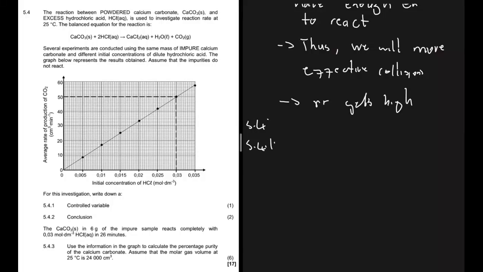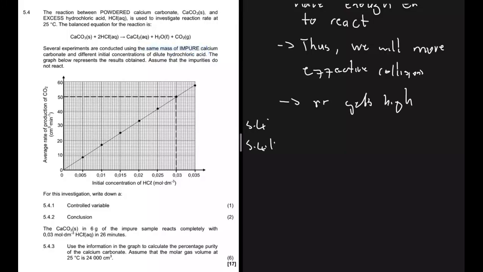By controlled variable, they mean the variable that is constant, is not being changed in any way, right? So if you pay attention to details, when I was reading that statement, it said same mass of calcium carbonate. I just highlighted it in blue on the left hand side. Same mass of impure calcium carbonate.